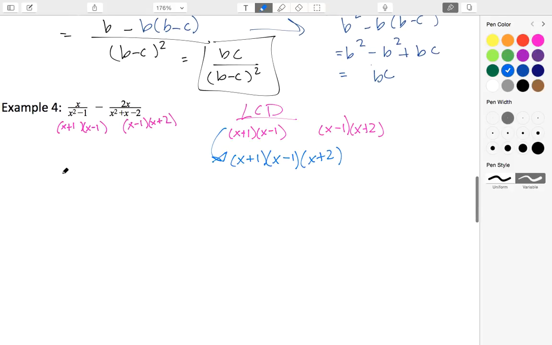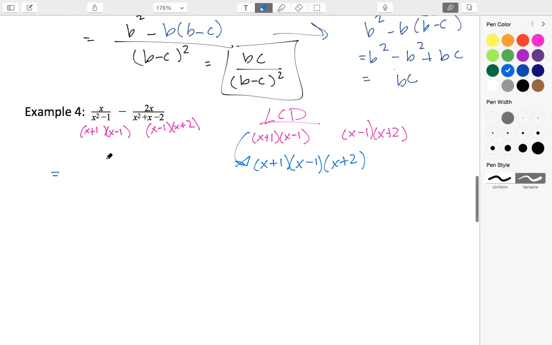Okay, so then here I can go ahead and rewrite this with the new common denominator. So my goal is to have x plus 1 times x minus 1 times x plus 2, and then minus the same thing, x plus 1 times x minus 1 times x plus 2, right?